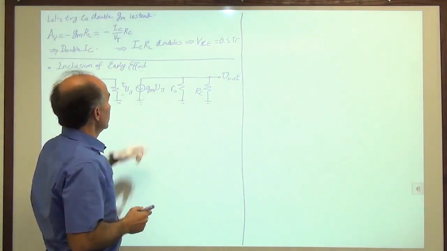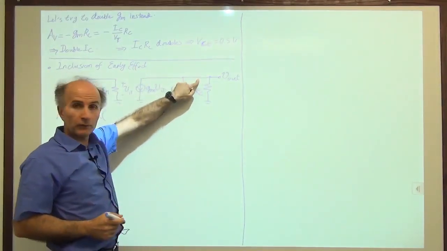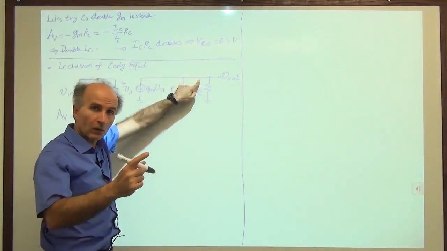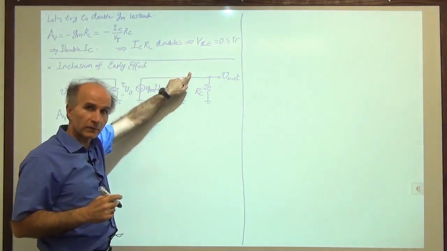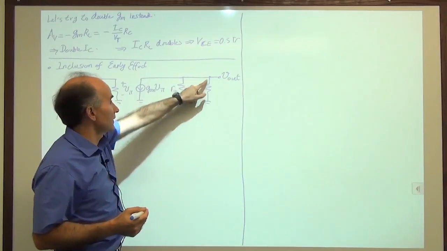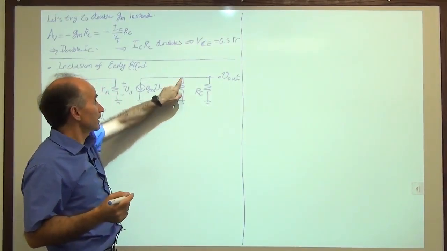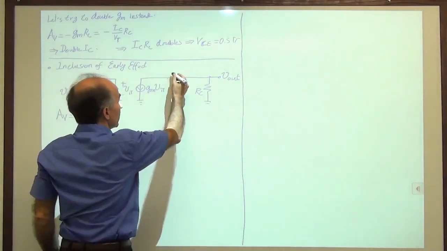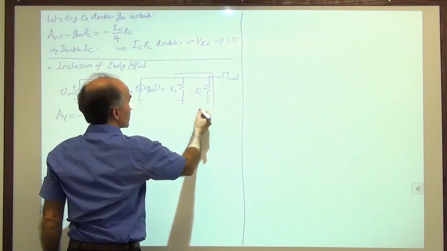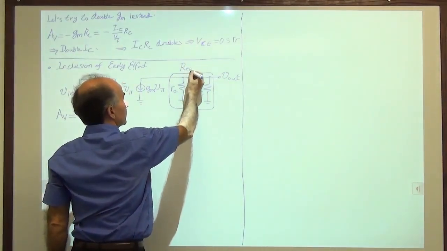Okay, so we sit at the collector. Here's the collector wire, and we try to find any and all resistances that go from here to ground. What do we see? We see RC as before, but we also see RO exactly in parallel with RC. So I can just put these in a box and call it R equivalent, right?